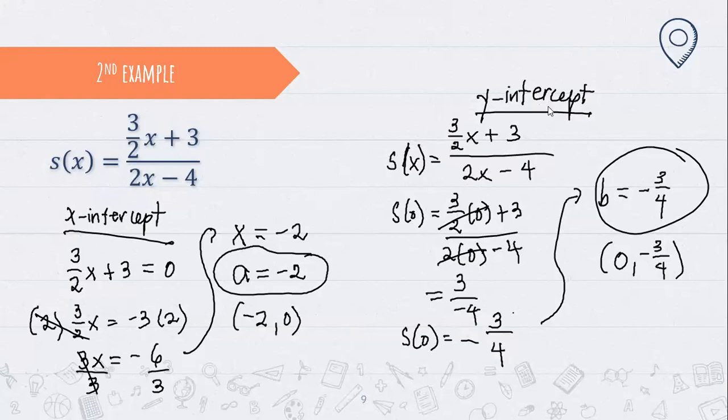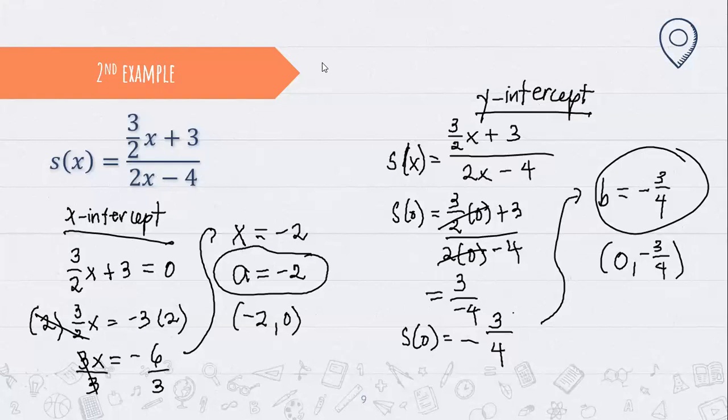How about others? Ano ginawa ninyo? By the way, class, nako-curious lang ako. Saan nagkamali yung iba? Sa yung mga nag-thumbs up, x-intercept or y-intercept? Sa sign po, sir. X po, sir. Sa x-intercept?